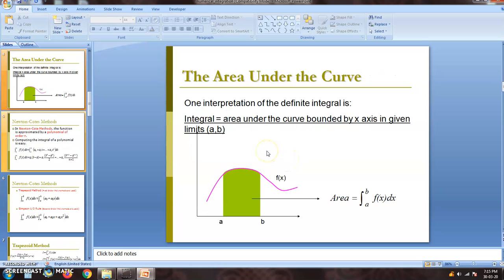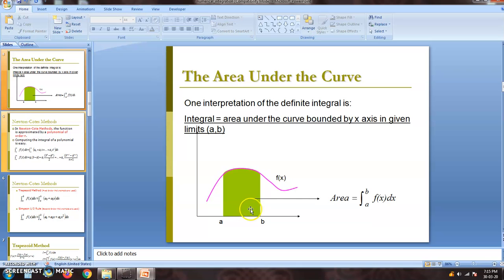Now, using numerical integration, what we do is calculate the area under the curve bounded by the x-axis in given limits a to b. Suppose this is a function f of x and we are trying to evaluate the integration, that means the area of this function binding with the x-axis in the limits of a and b, which is shown by this area.